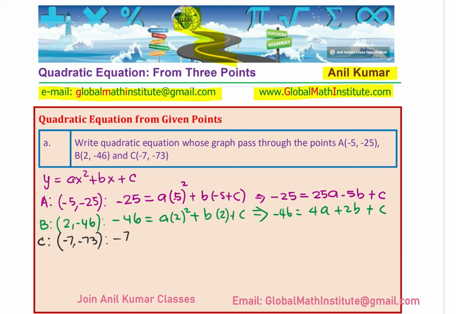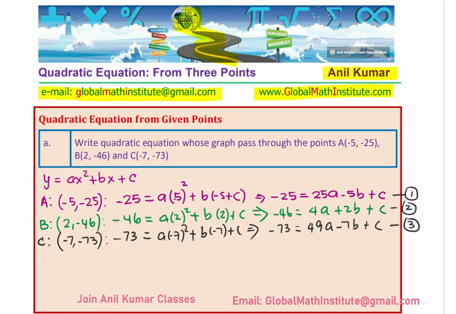So -73 equals a times (-7) square plus b times (-7) plus c. That gives us the equation -73 equals 49a minus 7b plus c, right? So we have our first 3 equations based on the 3 points given to us.